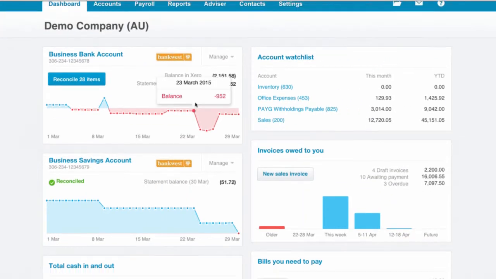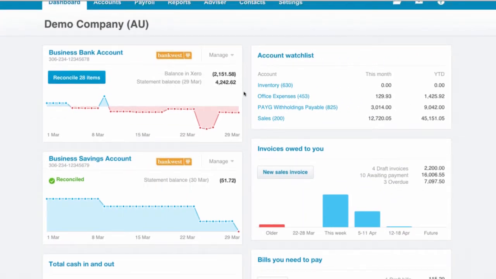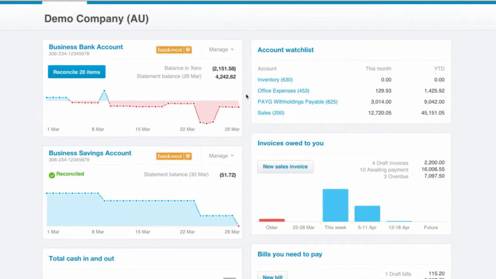If there have been no transactions the day before, the bank feed still tries to come through, but nothing comes through if there's no transaction. So that date, for example 29th of March here, is probably the last date that a transaction could come in. It doesn't mean the bank feed didn't work on the 30th of March, it just means that was the last time a transaction with that date came in.